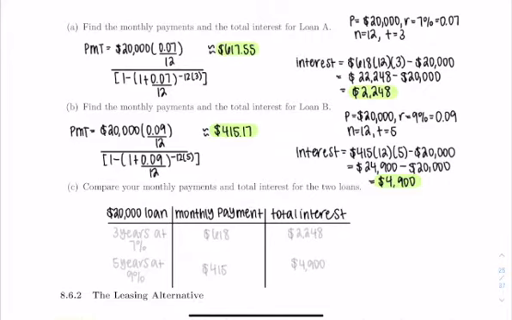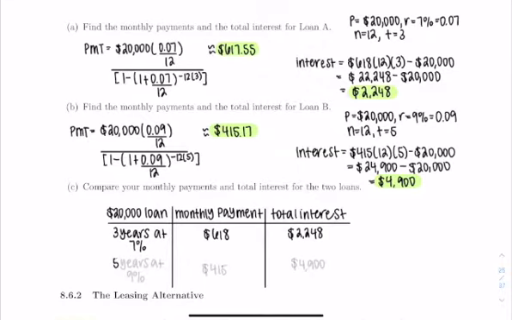Our first loan was 3 years at 7%. The monthly payment was $618, and the total interest was $2,248.